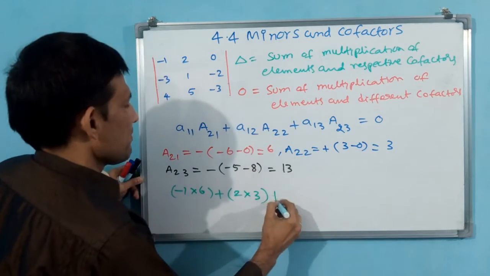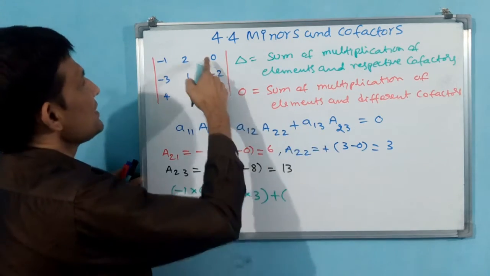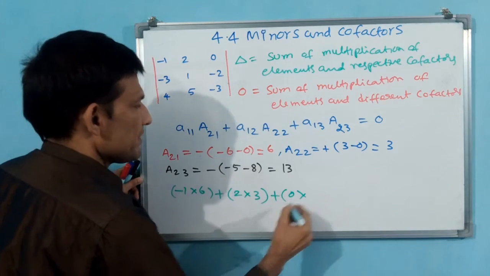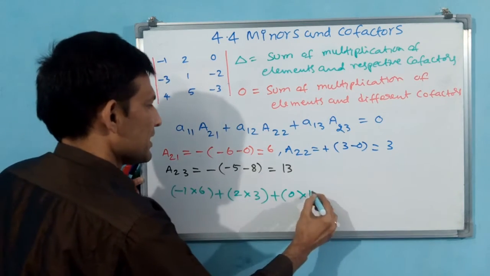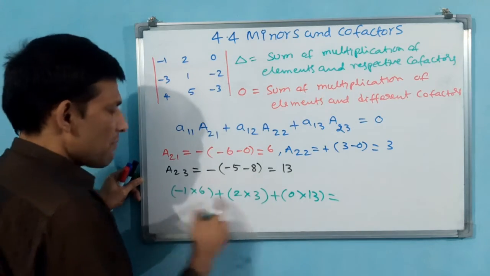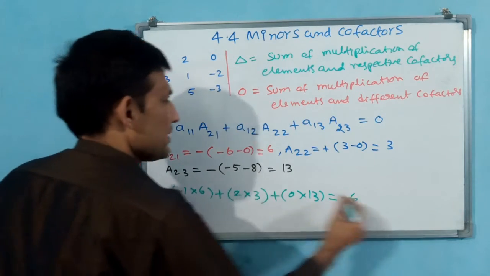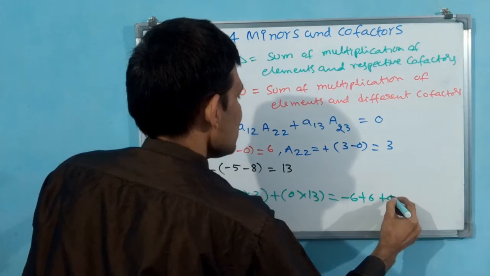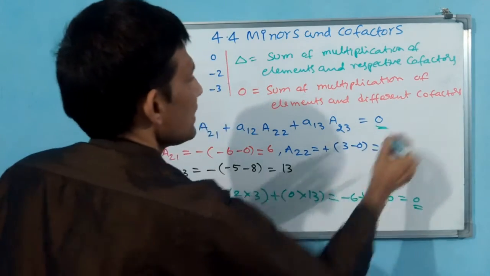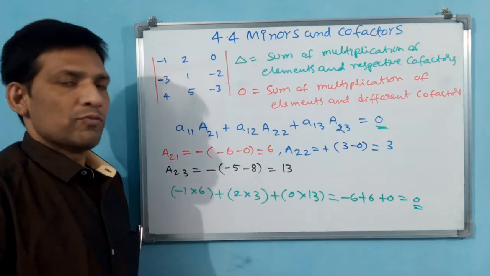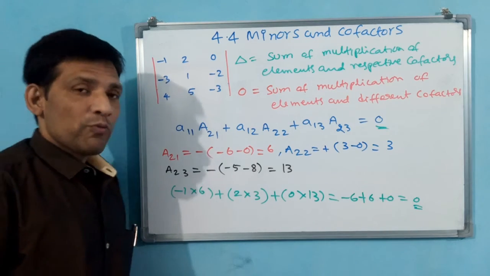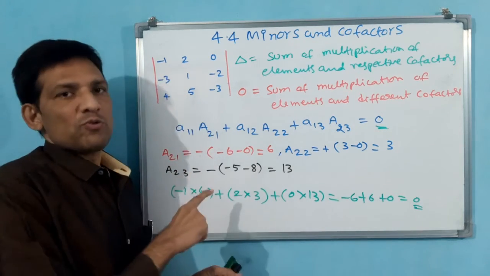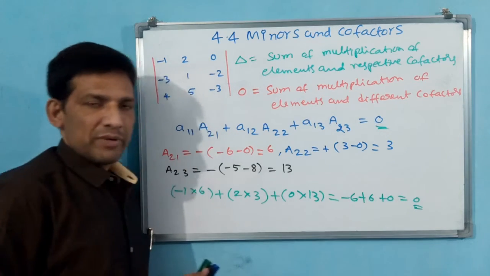Plus A13 is 0, into, see, 0 is something, it is 0, but even then we will write 13. Now you see minus 6 plus 6 plus 0, that is equal to 0. We can say that we have verified this. See, if you add element and respective cofactor, then you get the determinant sum.